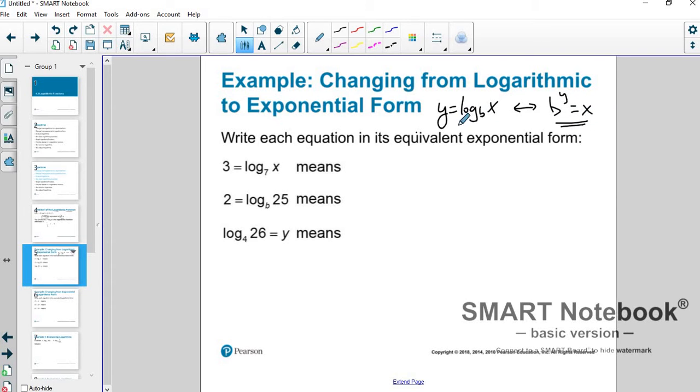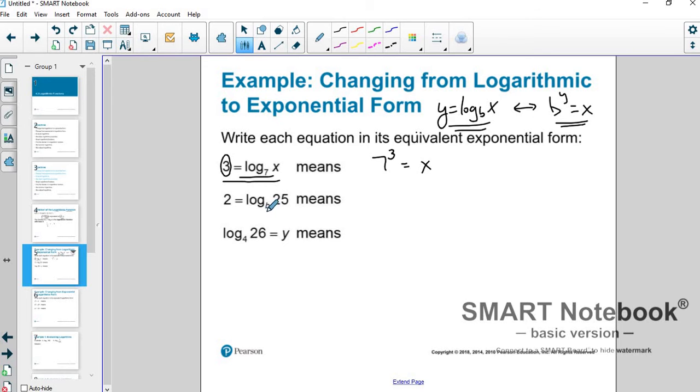This is exponential form, this is logarithmic form. So what's playing the role of b over here? 7. 7 is playing the role of b. Right? 7's in the base, 7's the base. Y is all by itself. That's the exponent, so that goes to the third power, and then that means x is what is left here.